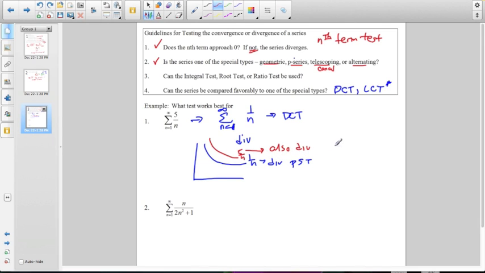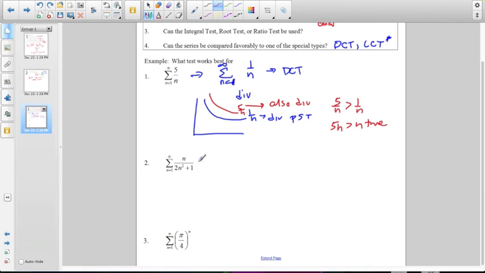And we can just quickly prove that 5 over n is bigger than 1 over n by multiplying 5 times n is bigger than n, which is a true statement. So we can see that this is a bigger series, so that must also diverge.